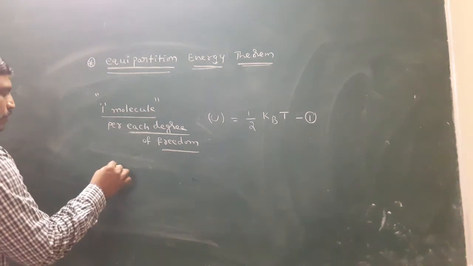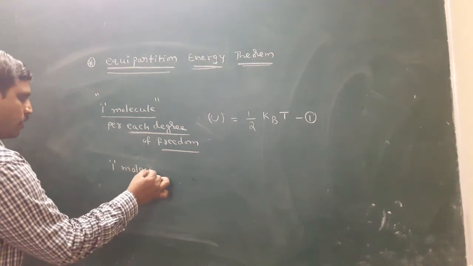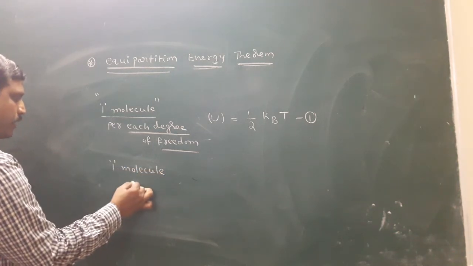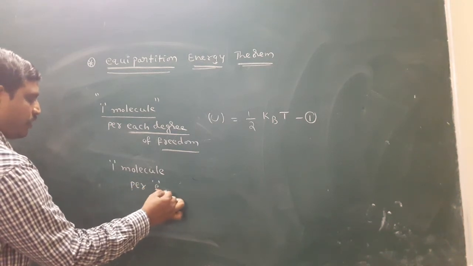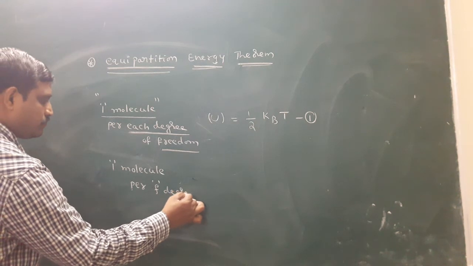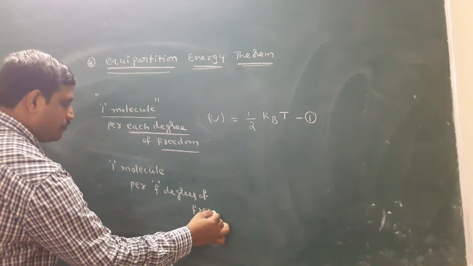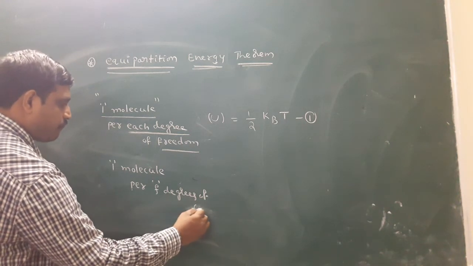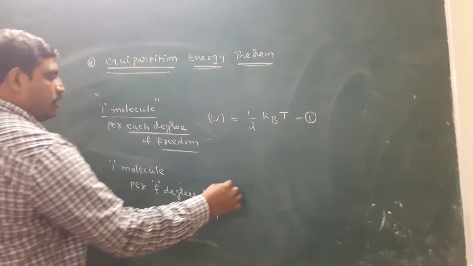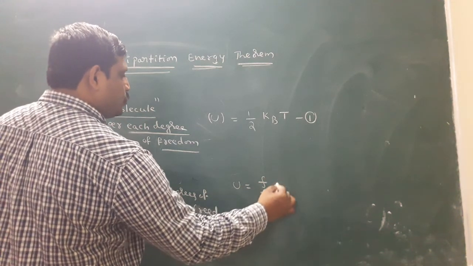For example, one molecule with F degrees of freedom, the energy associated is F by 2 kBT.